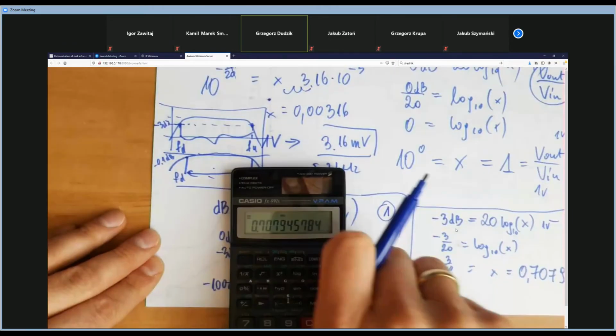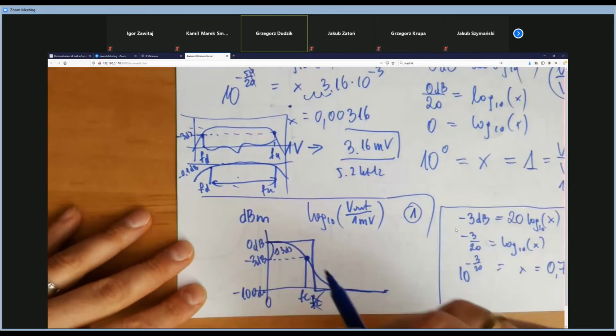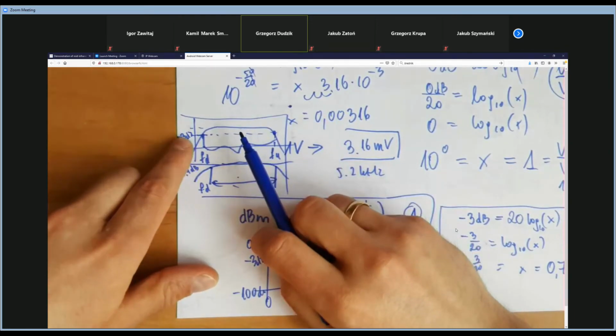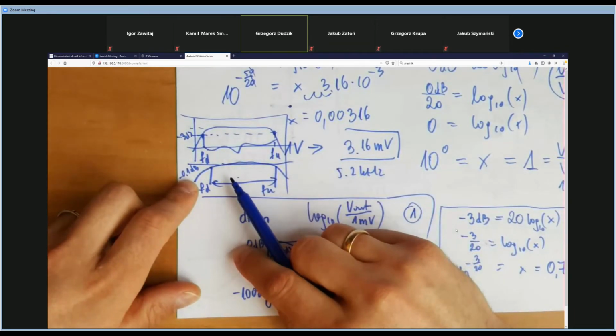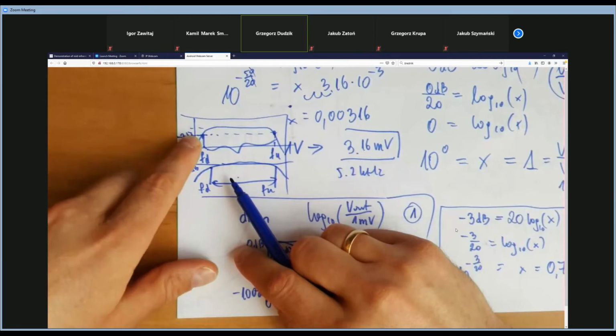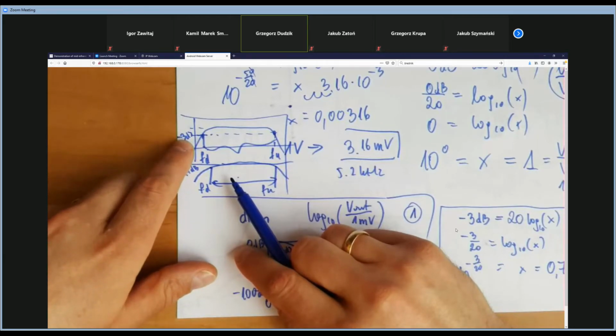Okay. So now you will see the difference between hi-fi audio amplifiers and the cheaper, typical ones.